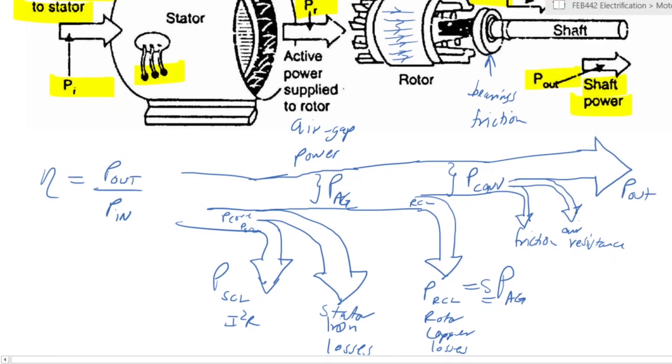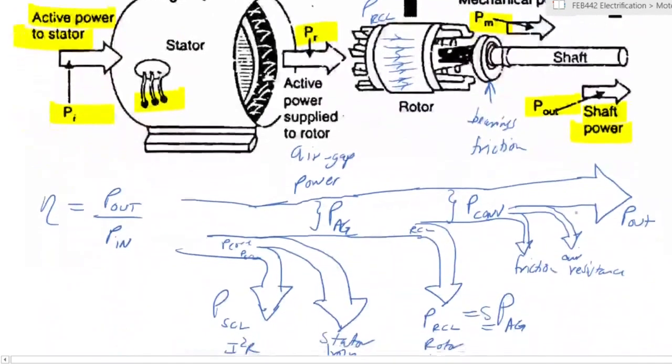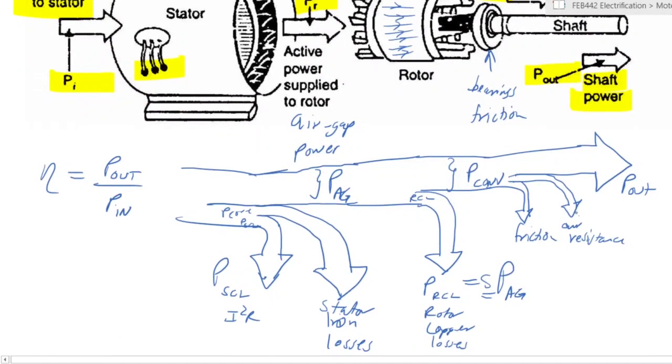So that is the sequence of events that occurs when power is converted from electrical to mechanically useful work. So P in and P out.